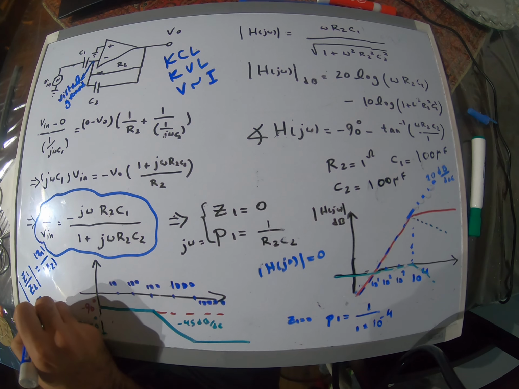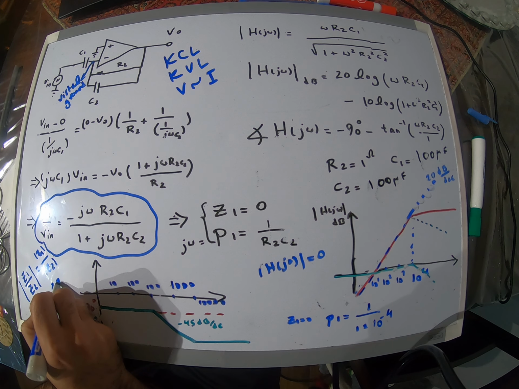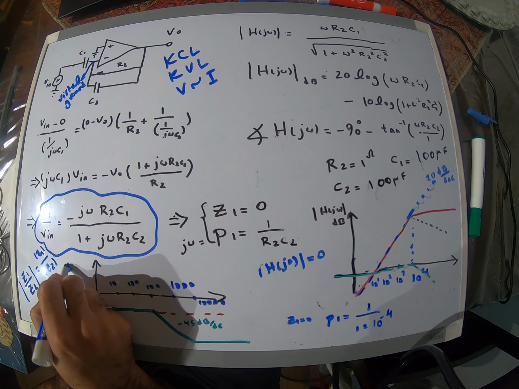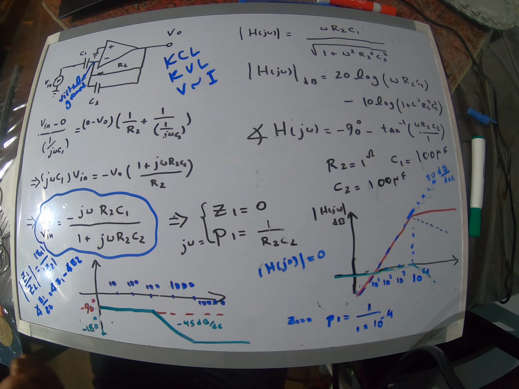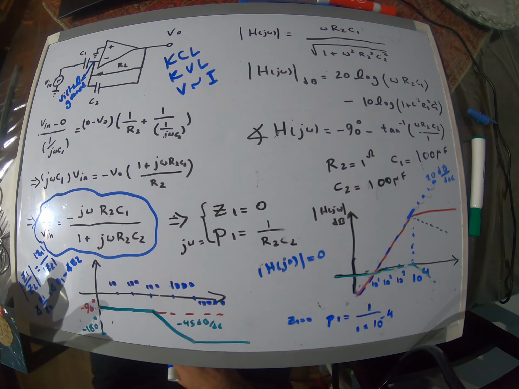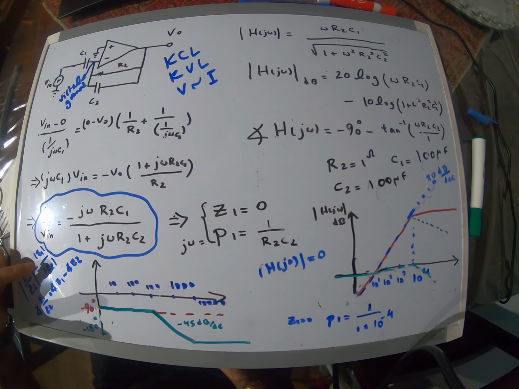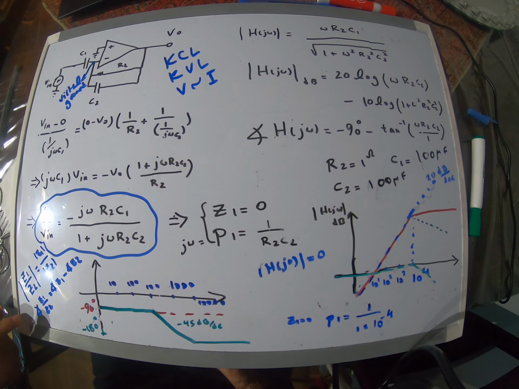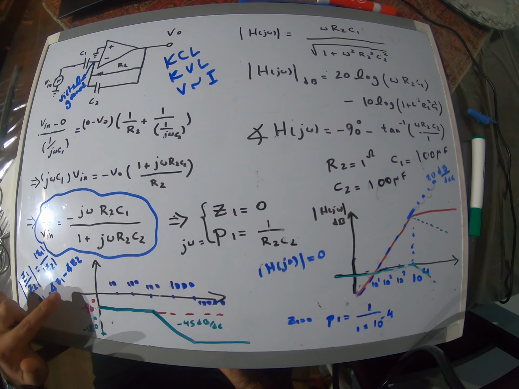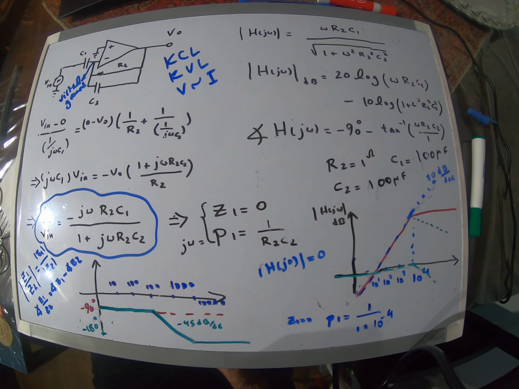The phase of Z1 divided by Z2 is equal to phase of Z1 minus phase of Z2. And if this was multiplication, the magnitude would be magnitude of Z1 multiplied by magnitude of Z2, and the phase would be phase of Z1 plus phase of Z2.